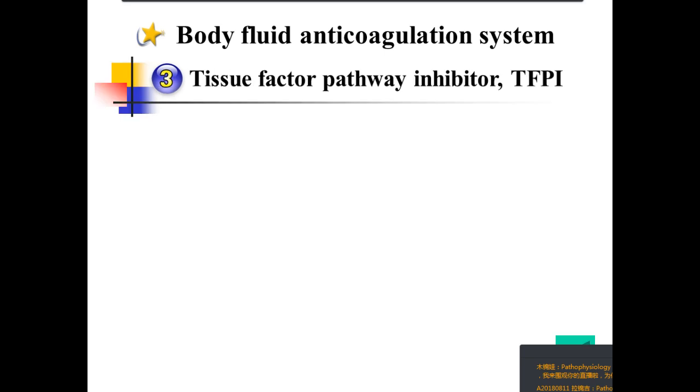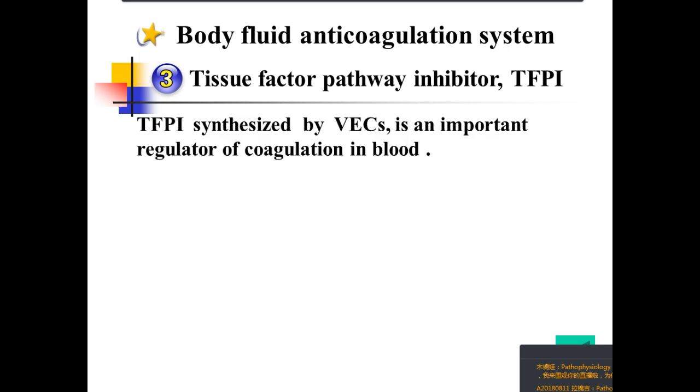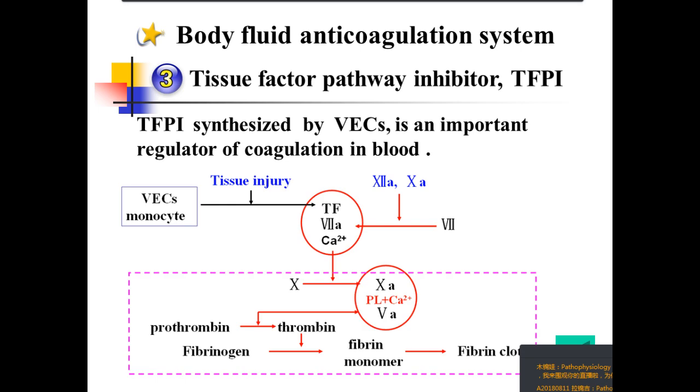Now, tissue factor pathway inhibitor, TFPI, is also released by VEC. So if VEC is damaged, TFPI will decrease. It also has anticoagulation function. Why does it have anticoagulation function?